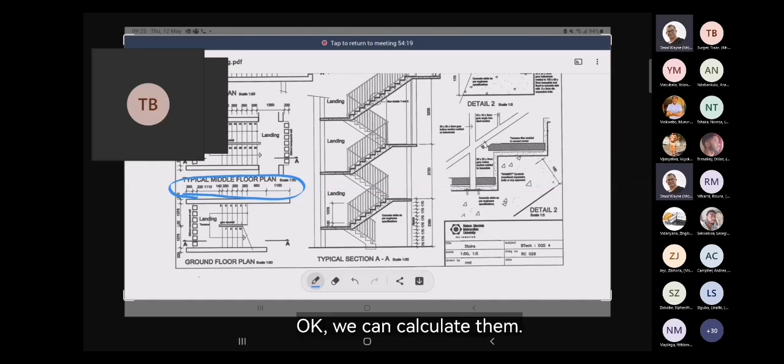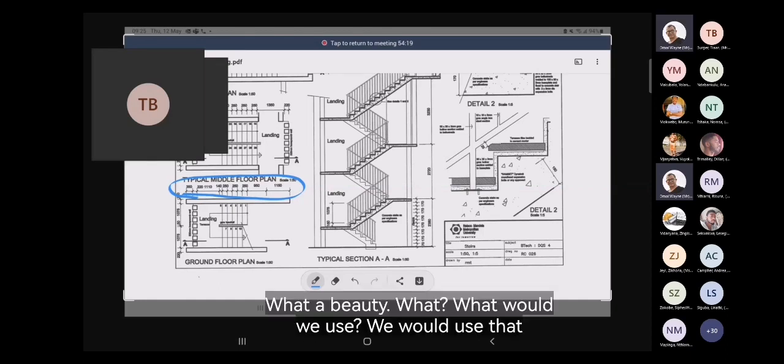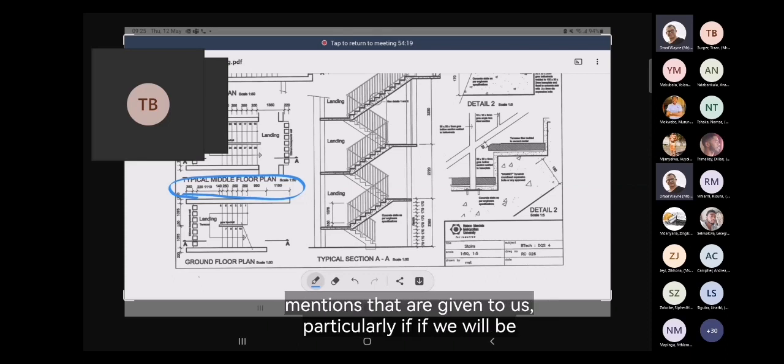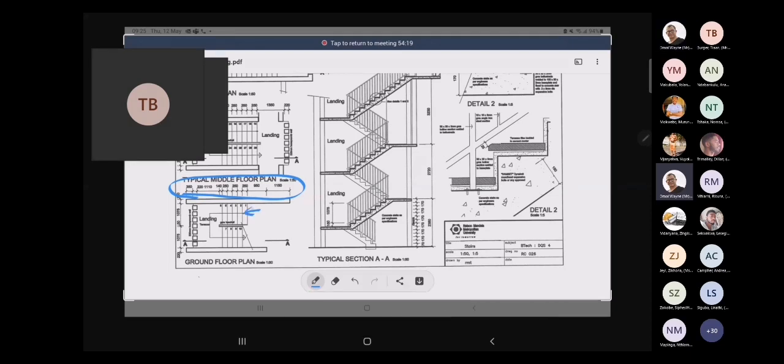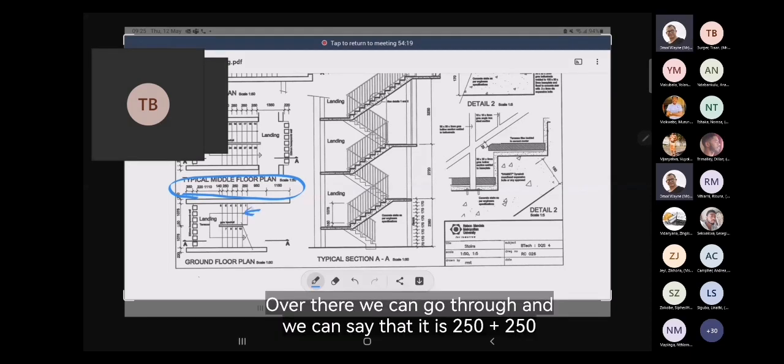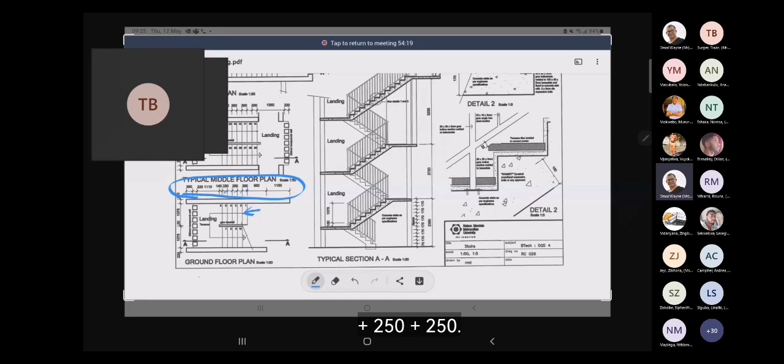What would we use? We would use dimensions that are given to us, particularly if we will be starting over there. We can go through and say that it is 250 plus 250 plus 250 plus 250 plus 250 plus 140. Agree?